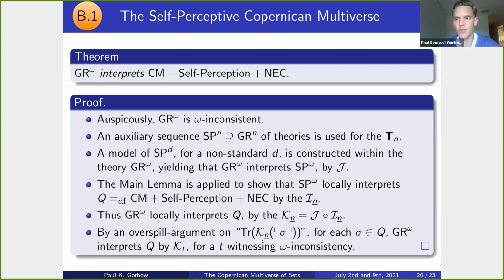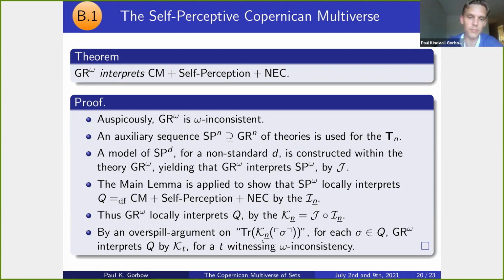So for each sigma in the theory Q that we want to interpret, we look at the interpretation as defined internally in the theory GR omega, and put that interpretation of sigma under the truth predicate. And that enables us to do this overspill argument on the index of the interpretation.